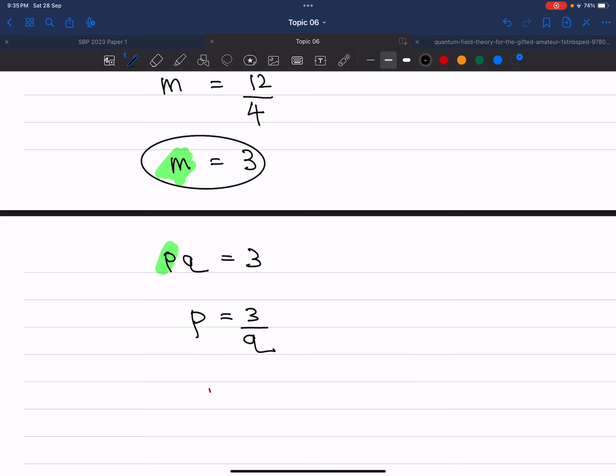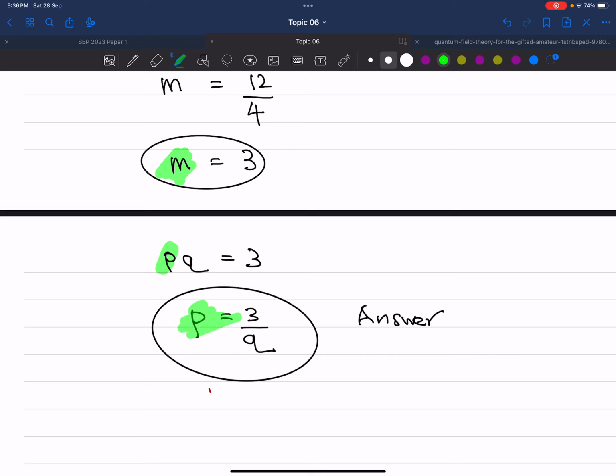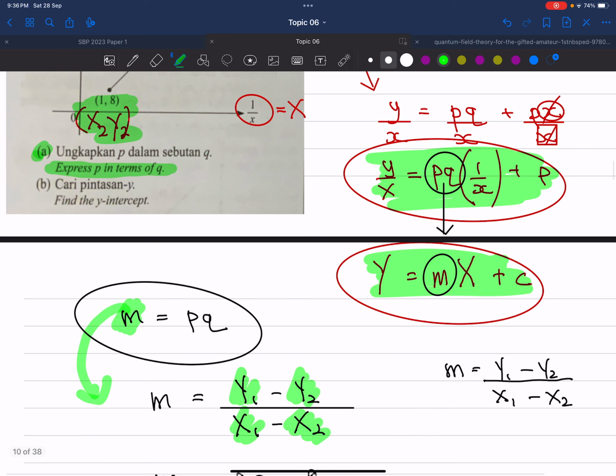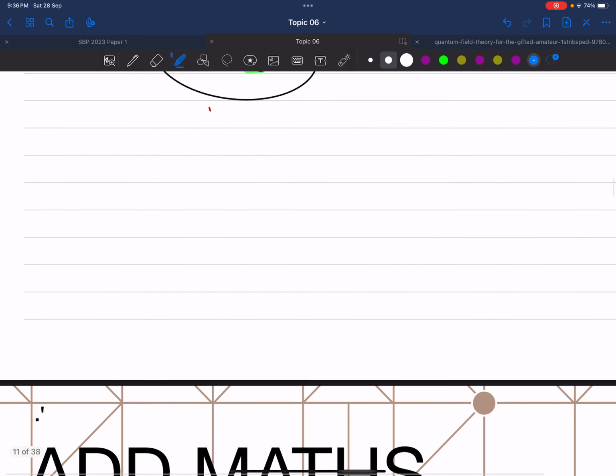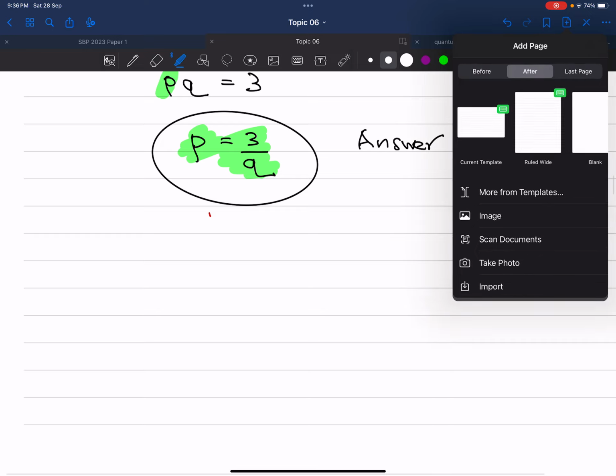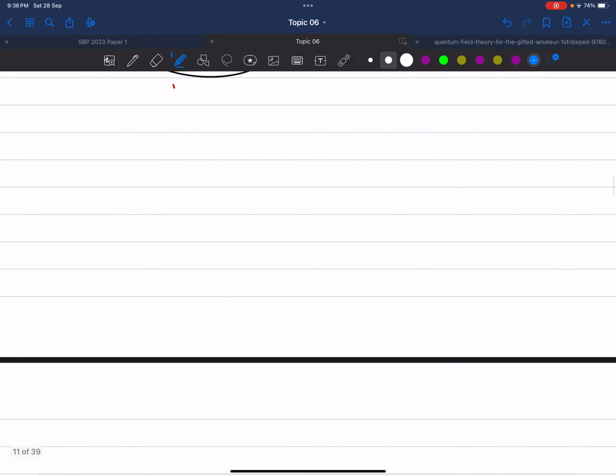So our first answer, p in terms of q, is p equals 3 over q. So we have finished the first part. Now we go on to the second part: find the y-intercept.